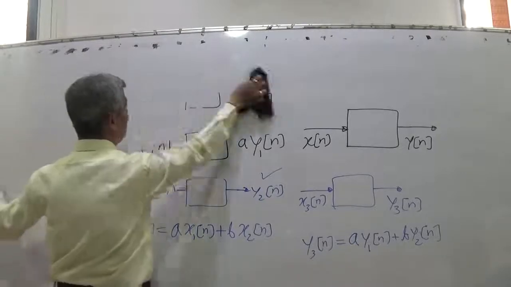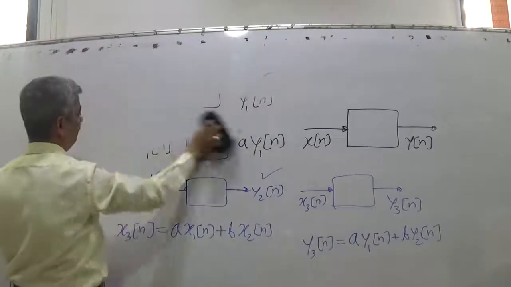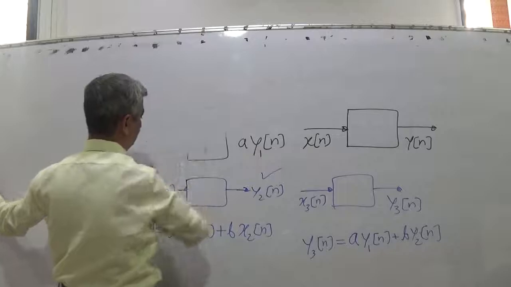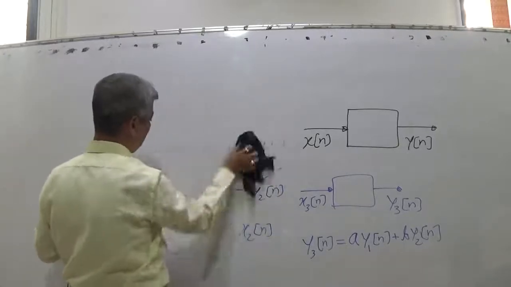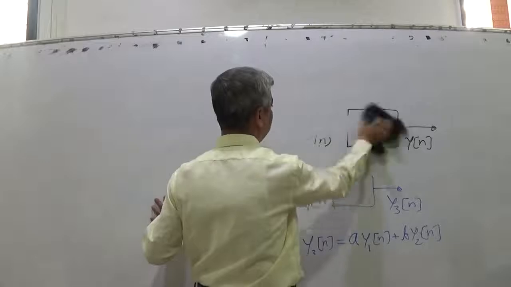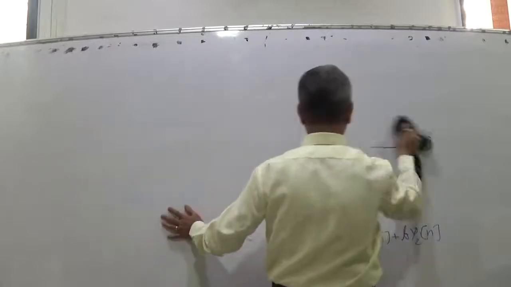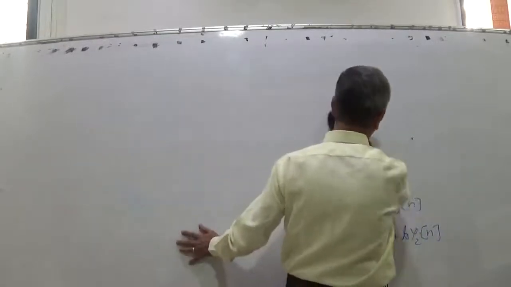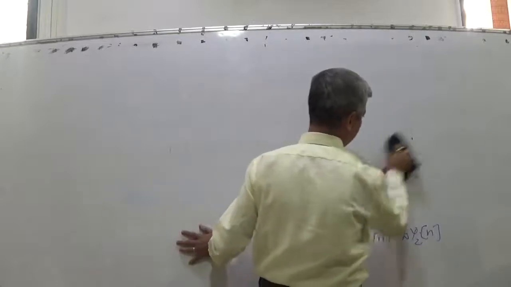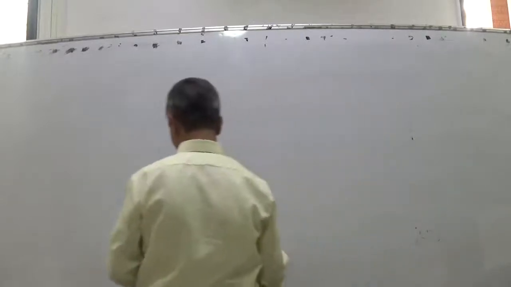So we can take some example. I am sure that there are a few enthusiastic students amongst you who might have tried various things, and based on that we can check whether the property of linearity is fulfilled or not fulfilled.